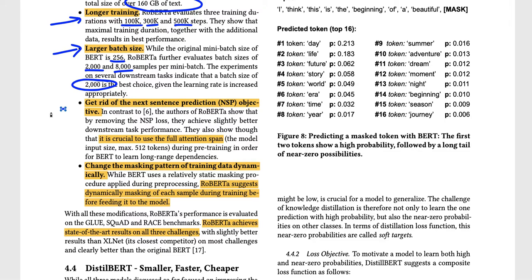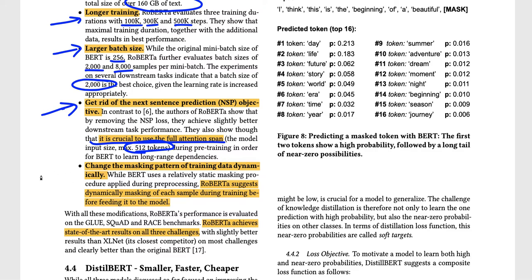And they got rid of the task of next sentence prediction, so that is one thing. They also tried to give the full attention span instead of a subset, basically giving full attention to all the 512 tokens of BERT.